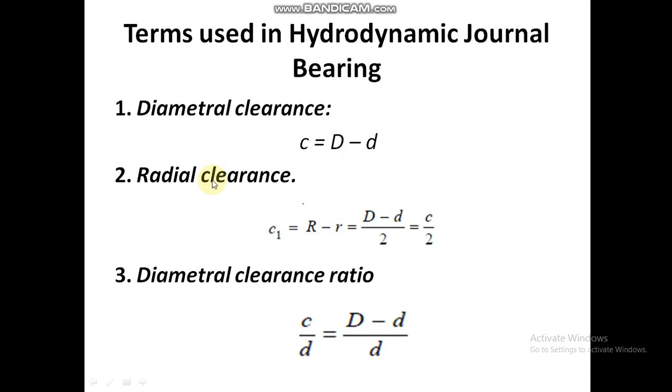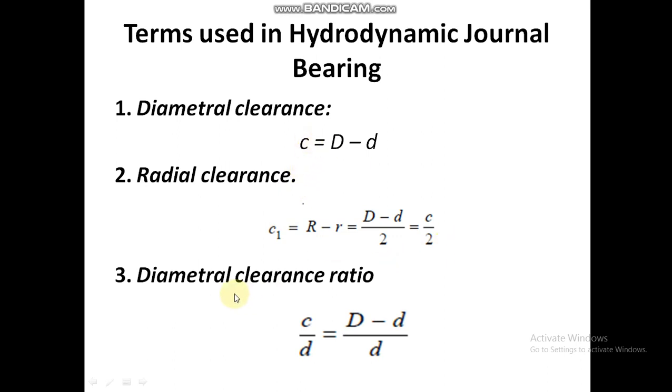Next is radial clearance. It is written as capital R minus small r, that is the radius of the bearing minus the radius of the journal, or we can say (D minus d) divided by 2. Or radial clearance C1 is equal to C by 2.